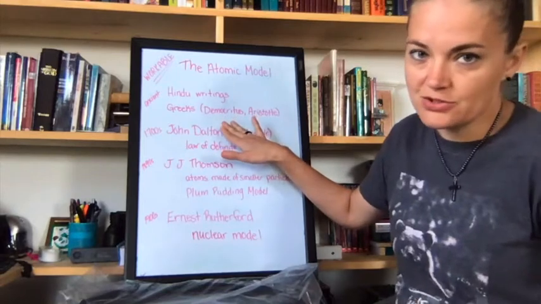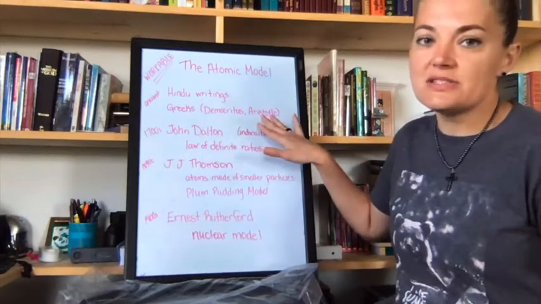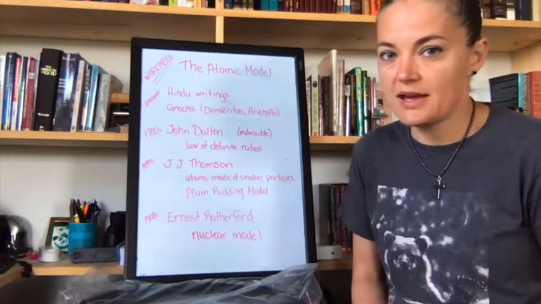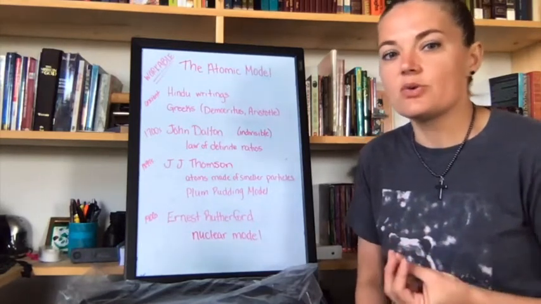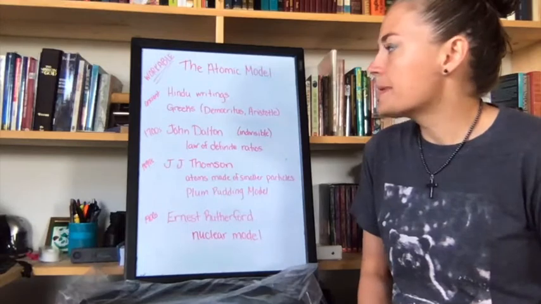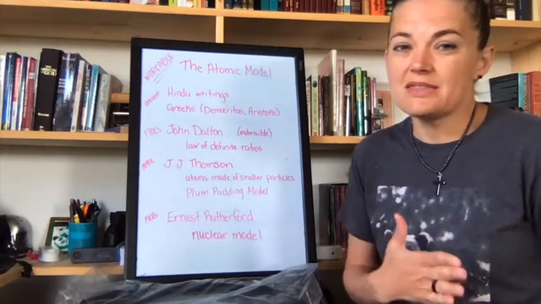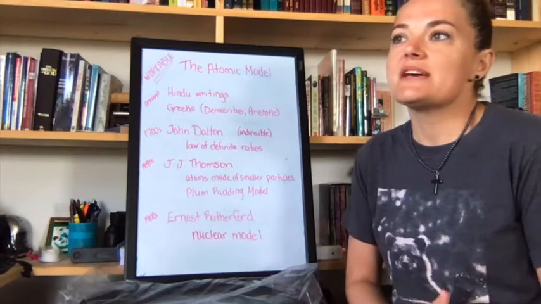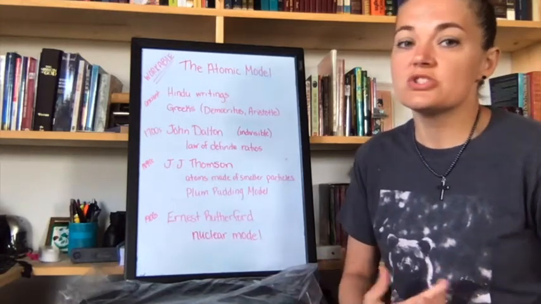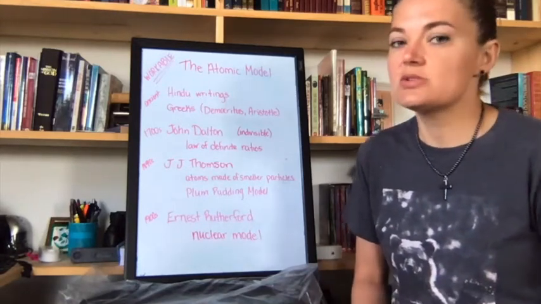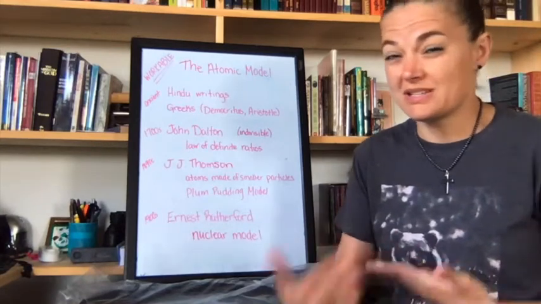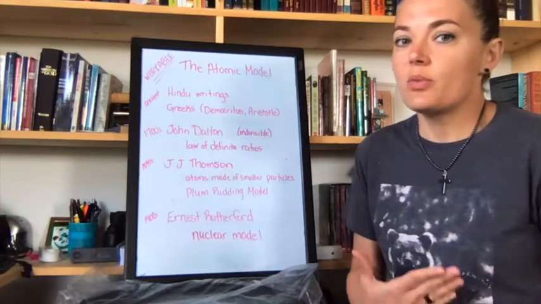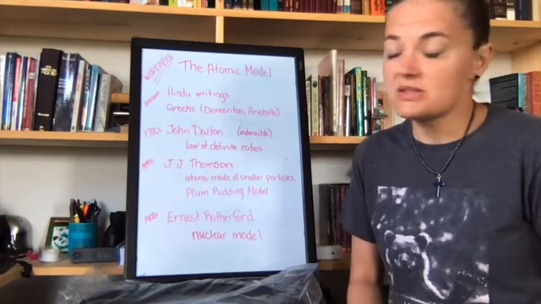Democritus, I'm not even sure if I can say that right, and Aristotle were both famous scientists that were trying to understand this idea of a particle that made things up. The thing that was a restriction for them was that they believed that science could be understood with just your reasoning and your logic. And so they weren't big on doing experiments to try to understand. So they were limited on what they could discover about the atom.